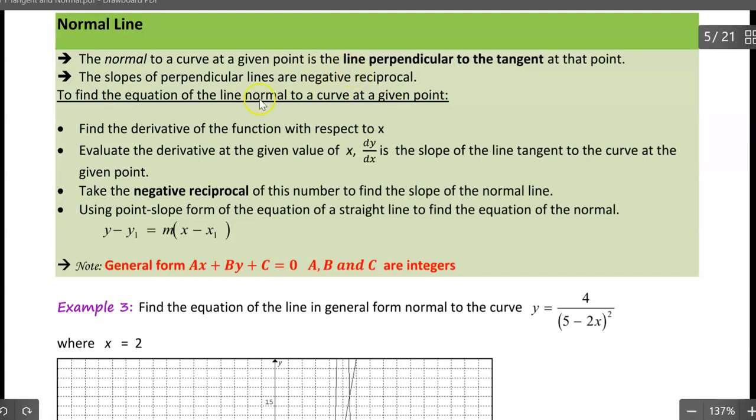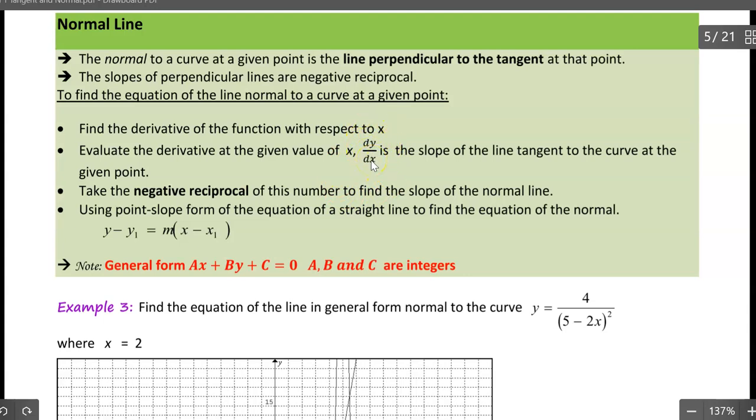In the previous lesson, I gave everyone the steps to follow. Basically, I expand on this from there, because before we can find the normal, we have to talk about the tangent first. So if you find the derivative of that function with respect to x, and you substitute the value of x into this differential equation, you find dy over dx.